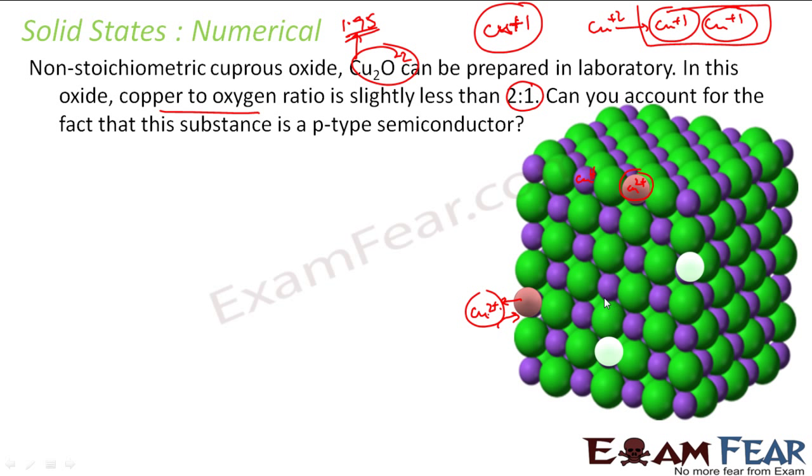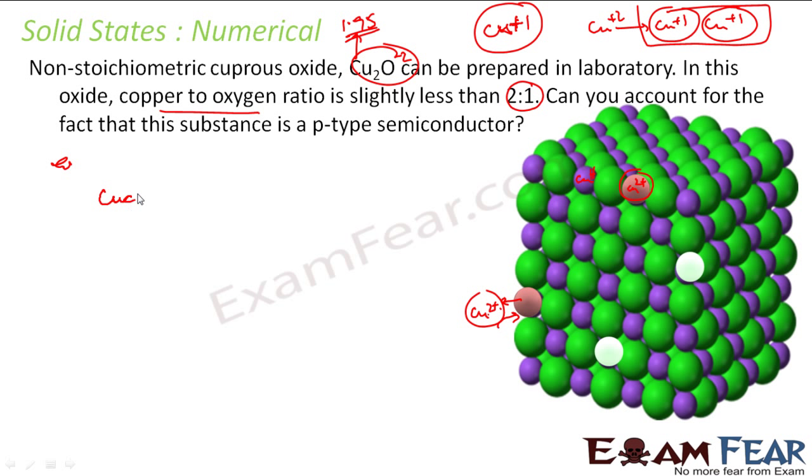correct? So for every 1 Cu2 plus that replaces 2 Cu plus 1, we get a hole. Now since there are holes, conduction will arise, right?